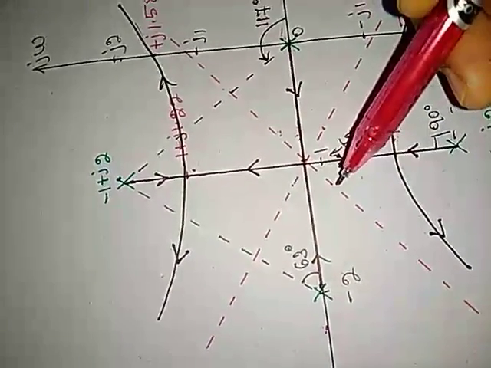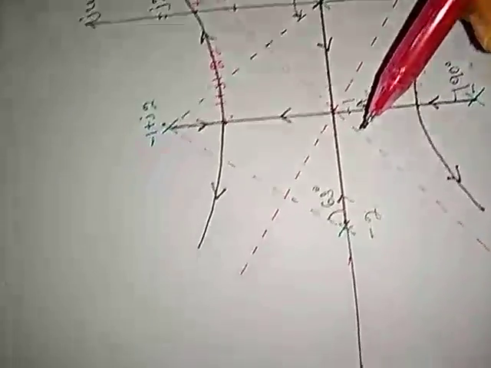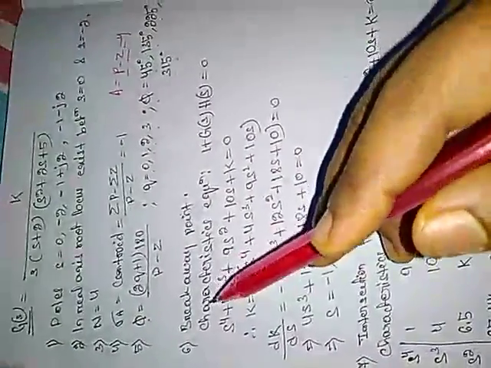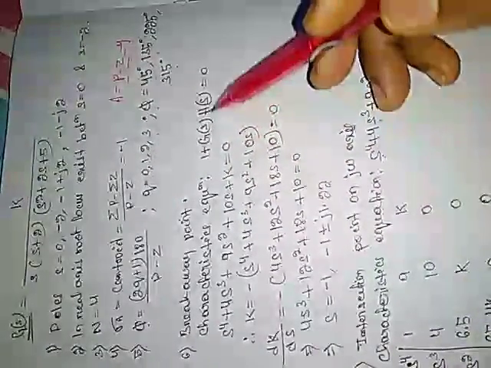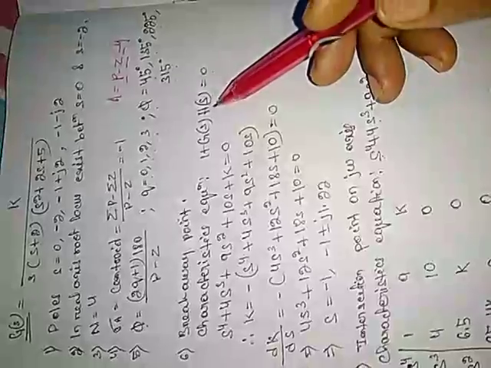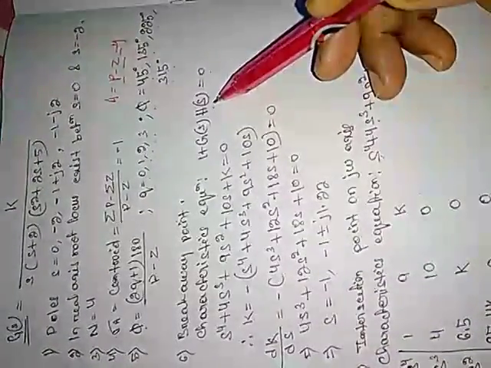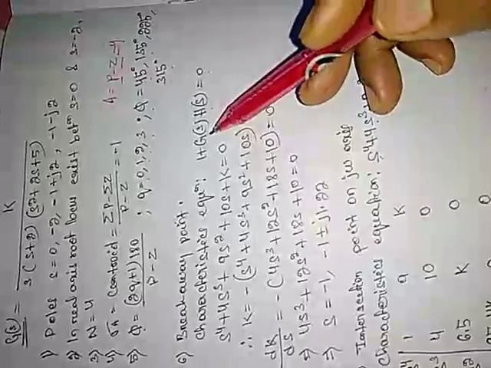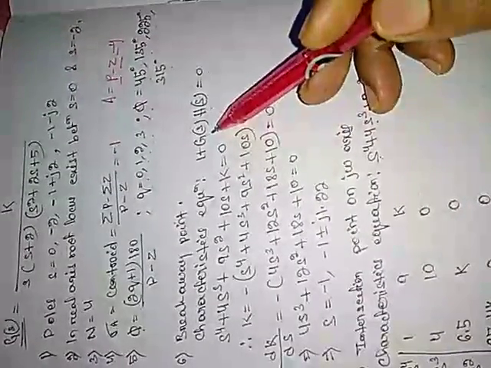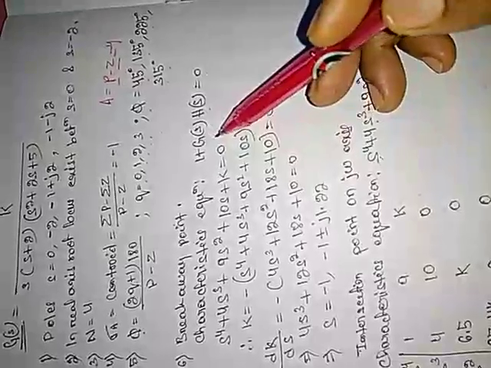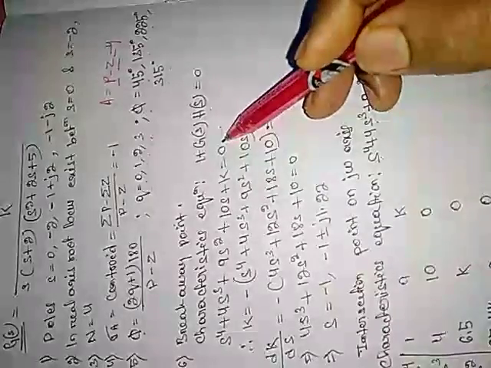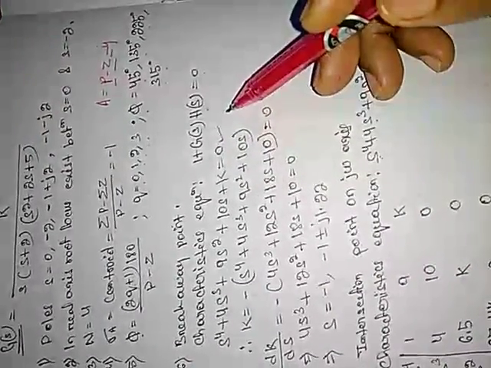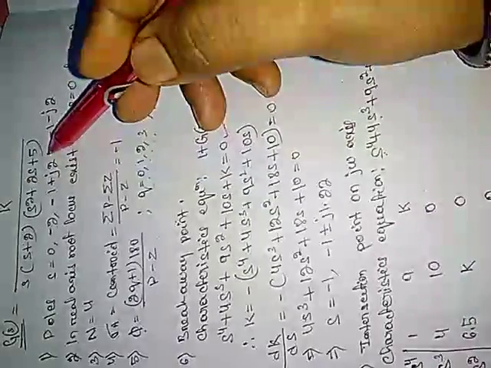Okay, then as you see, on the real axis the two branches move towards each other. At one point they break away, so you find the breakaway point. How do you find the breakaway point? First you find the characteristic equation, that is 1 plus G(s)H(s) equal to 0. As H(s) is not given, you assume it as 1. Put the value of G(s) here and solve the equation. After solving, you get this equation, which is the characteristic equation for this open loop transfer function.